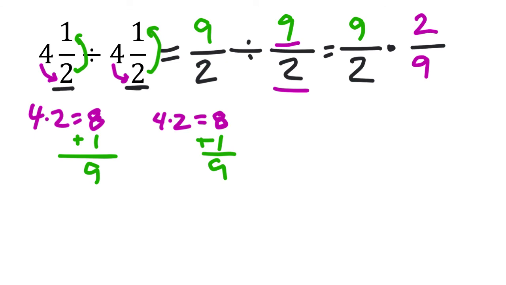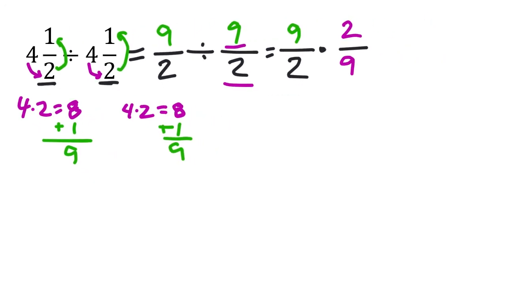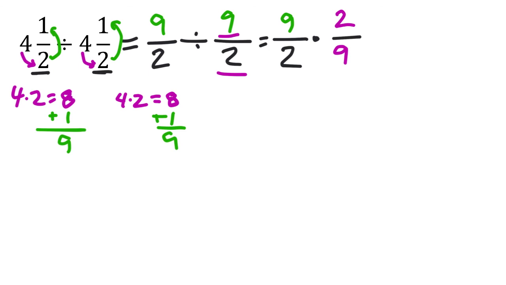Now at this point you could notice that you could use cross simplification on the 9s and 2s. I'm going to proceed as though you didn't notice that, and in fact, on this one I'll just do straight multiplication. So 9 times 2 in the numerator is 18. And then in the denominator, 2 times 9, also 18.